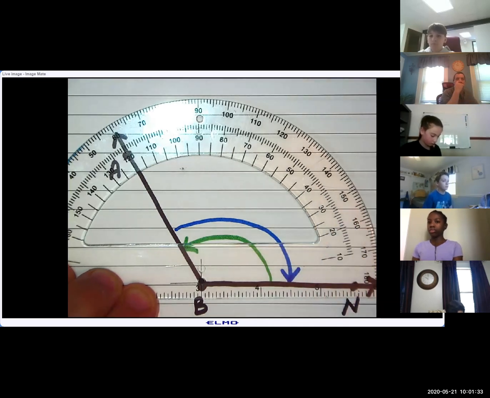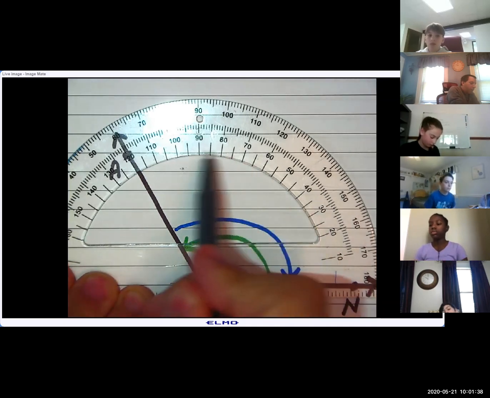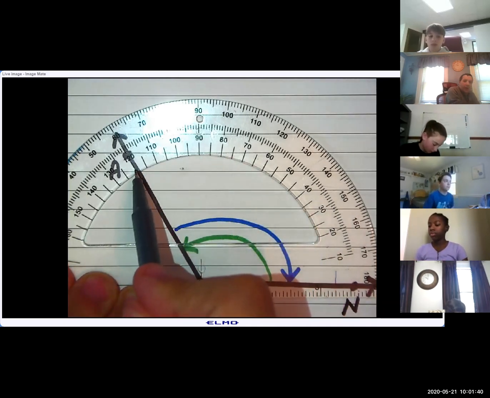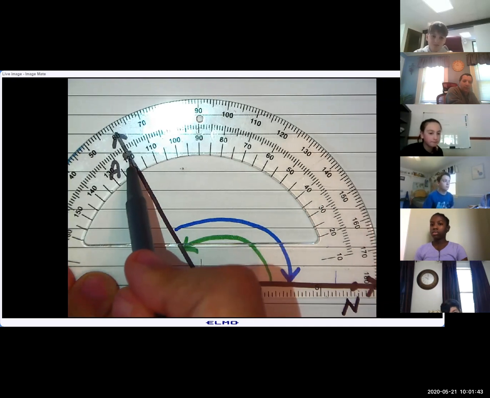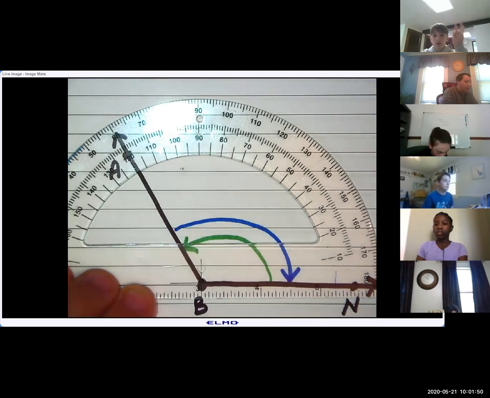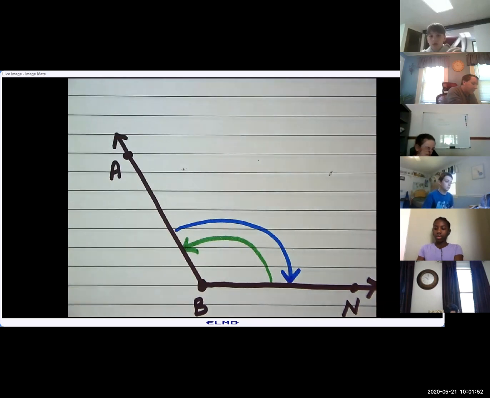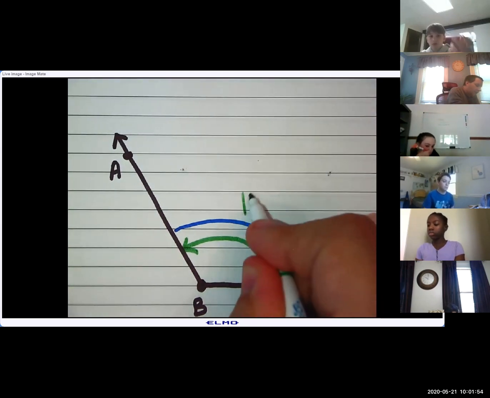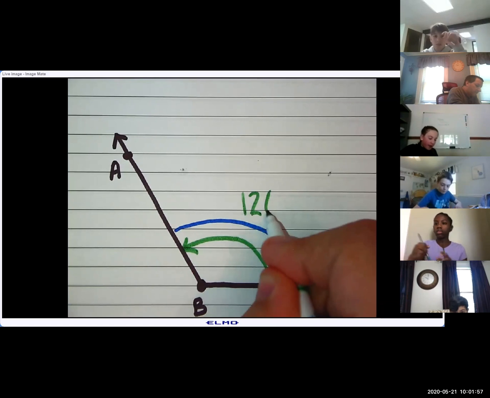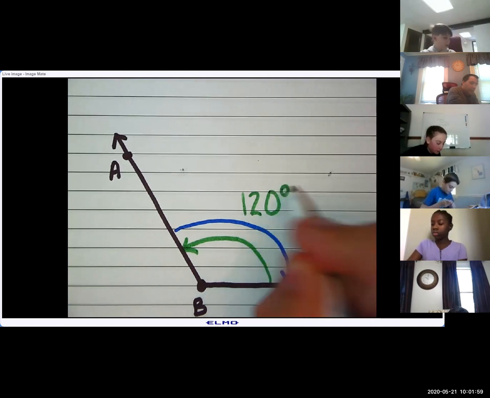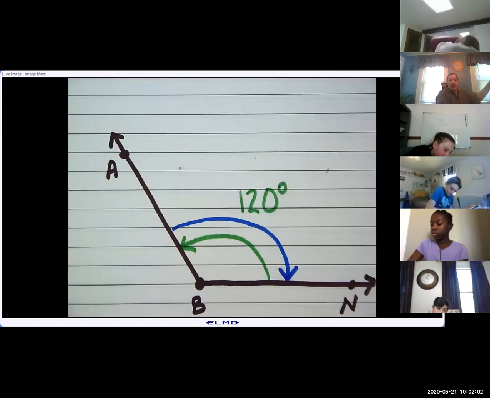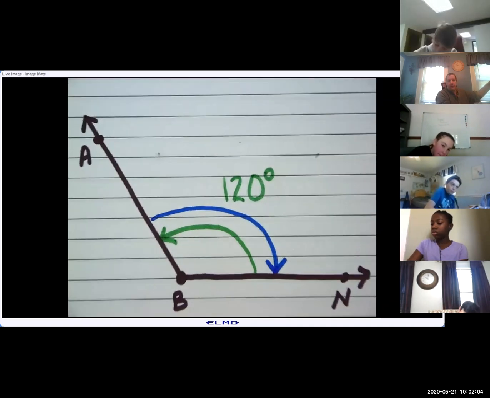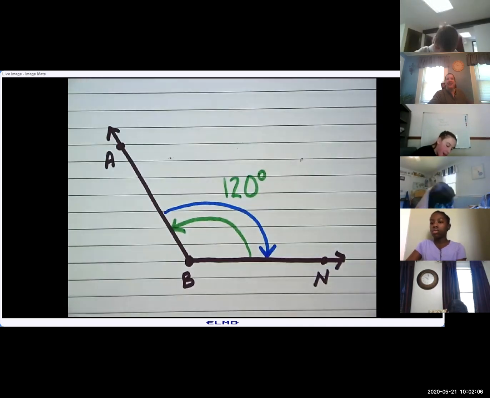So I'm going to come all the way over here. Where does this ray pass through the protractor? 120 degrees. So I'm going to say that this angle is 120 degrees of rotation. Does that make sense?